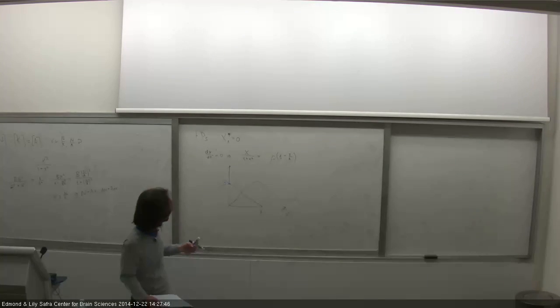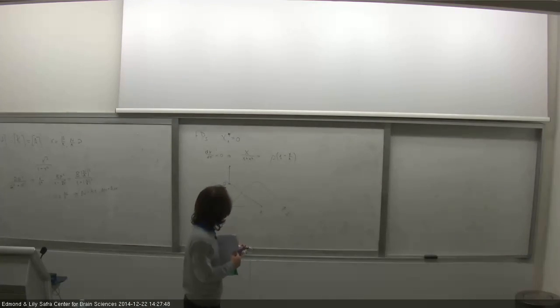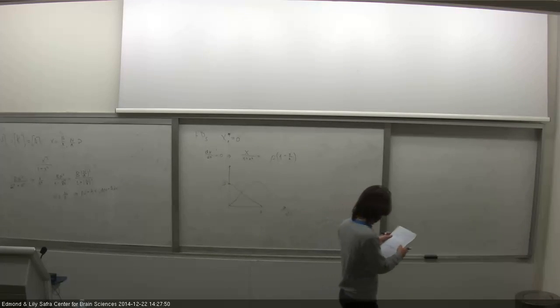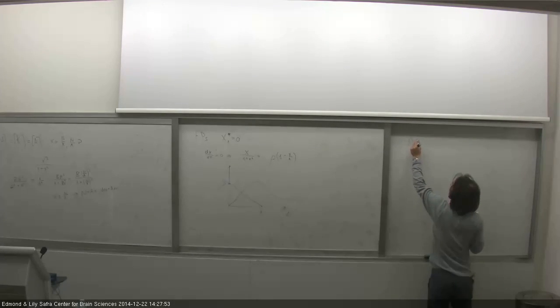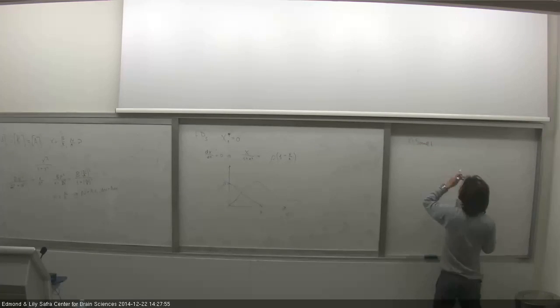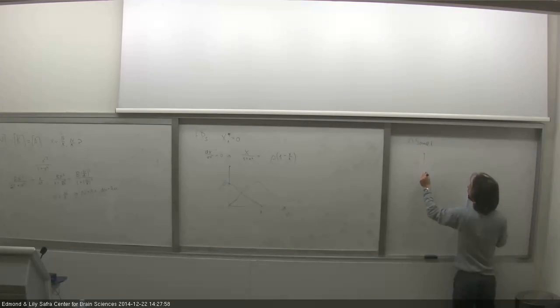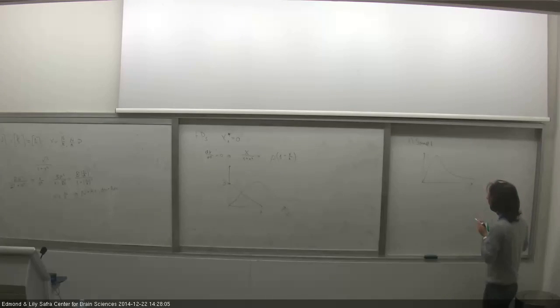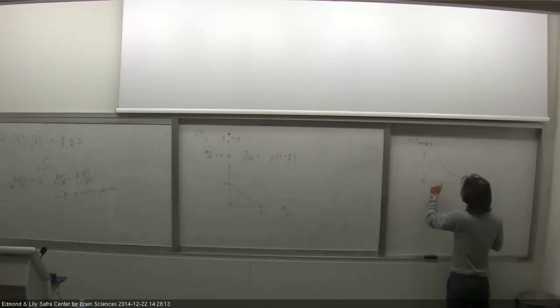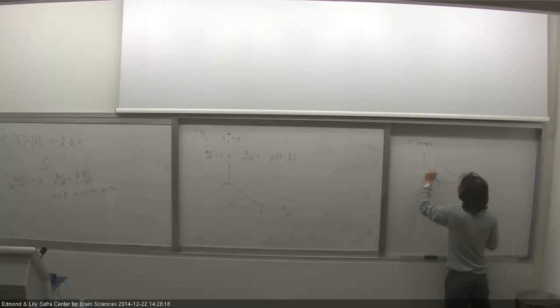Okay, so where do they intersect? We will look at different cases. Our first case is the case of small k. I'll draw the sigmoid, not the sigmoid, this more complicated function in black. And then for a small k, say here, there will be only one intersection, no matter the value of rho, right?